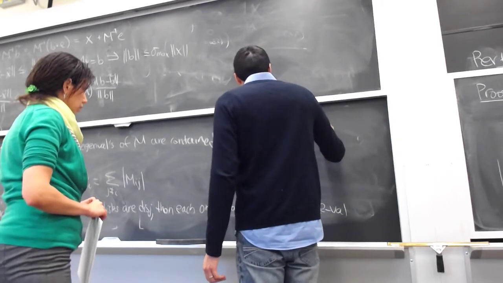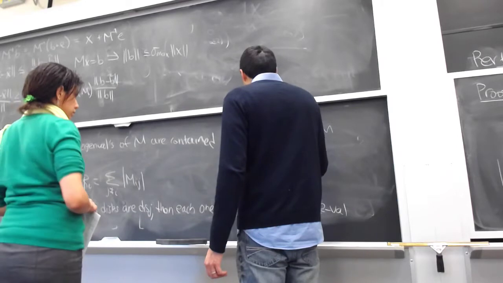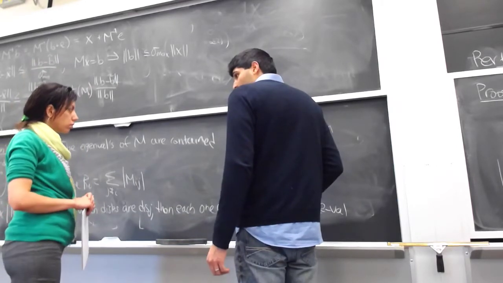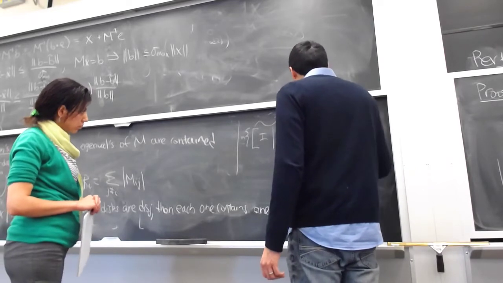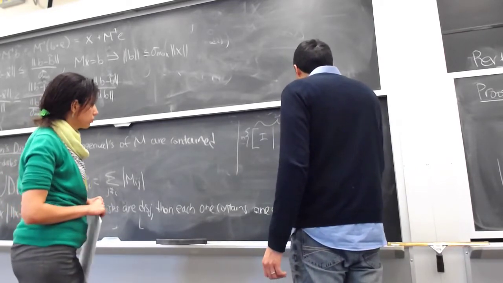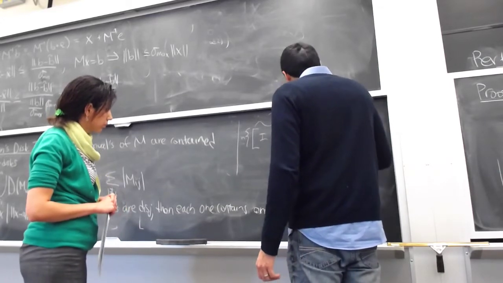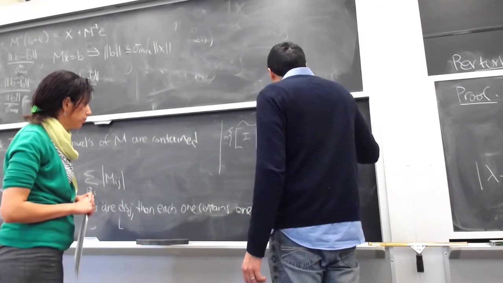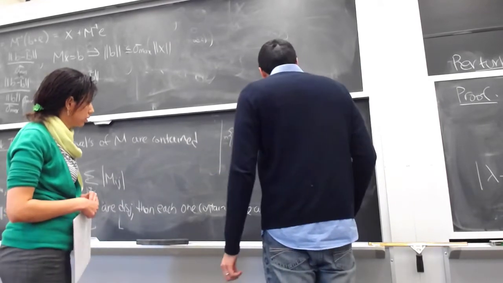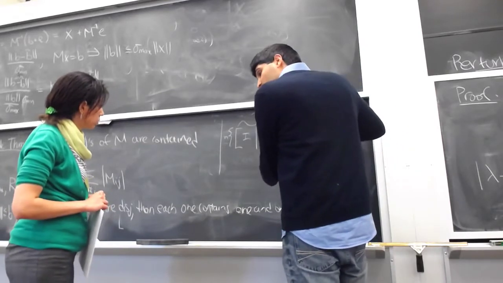If I let this be my matrix M, then I can do M transpose M. What I claim is it has ones along the diagonal. It's a 2n by 2n matrix where all of these off-diagonal entries are magnitude at most 1 over root n. Now, Gershgorin's theorem is going to tell you when a submatrix of this is full rank.